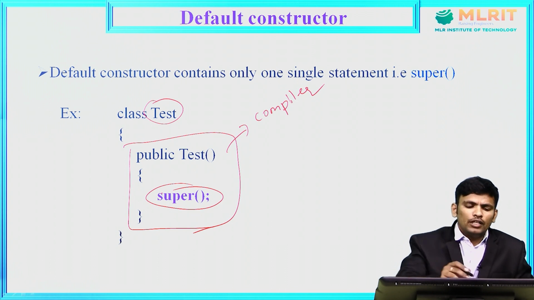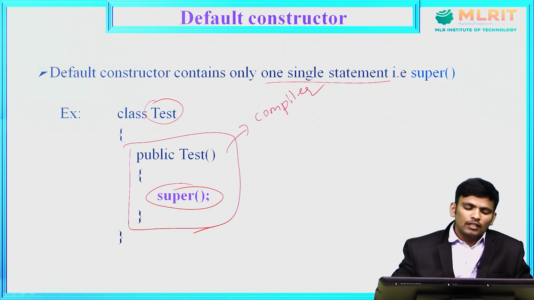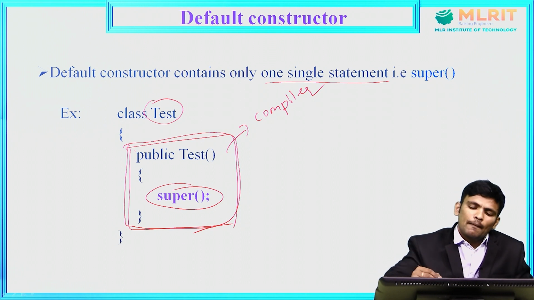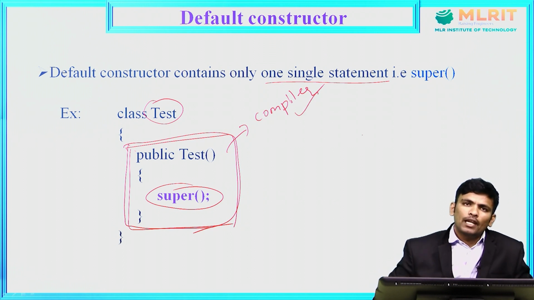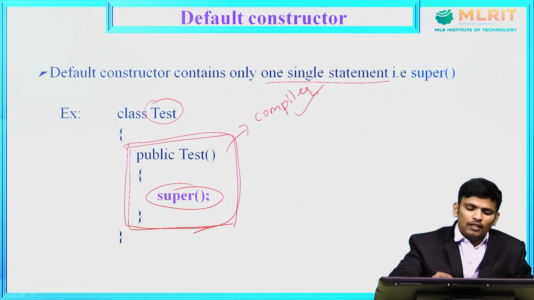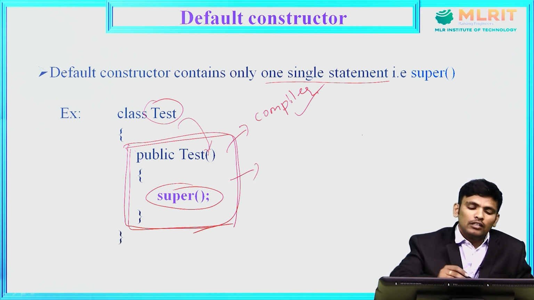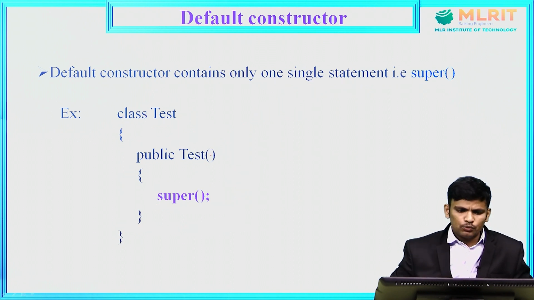This default constructor will be added by the compiler. The compiler is responsible for this, and this part is invisible. The default constructor doesn't have any parameters in it. So that is what the default constructor is.